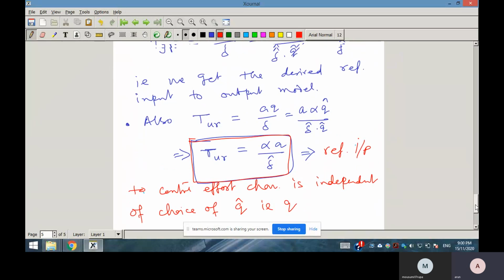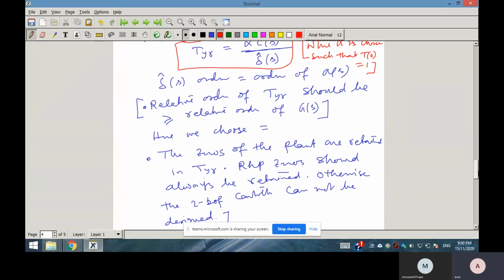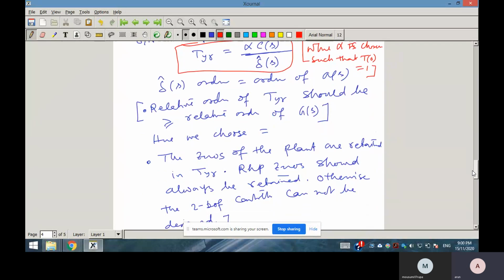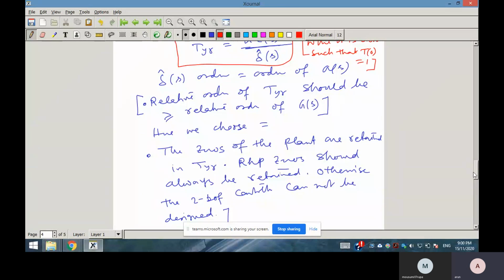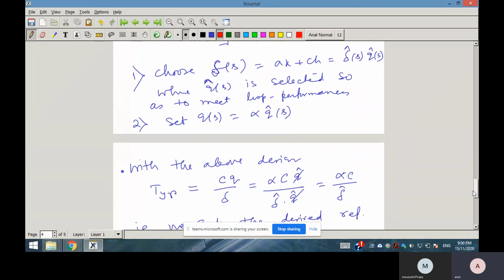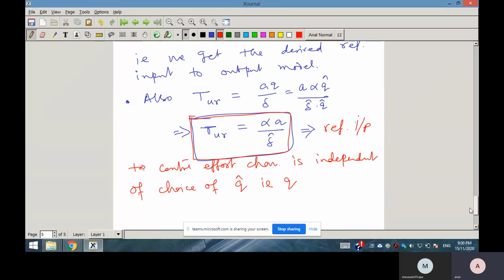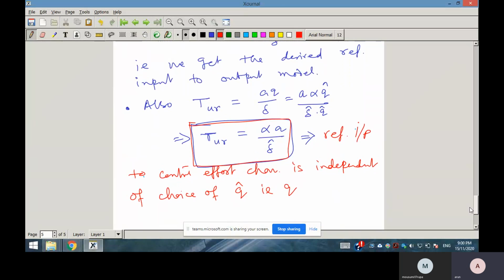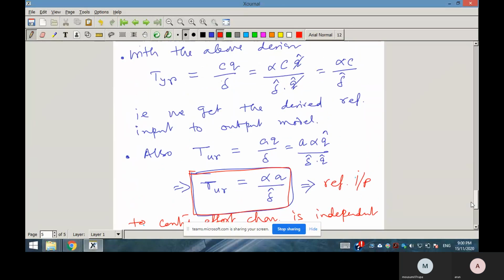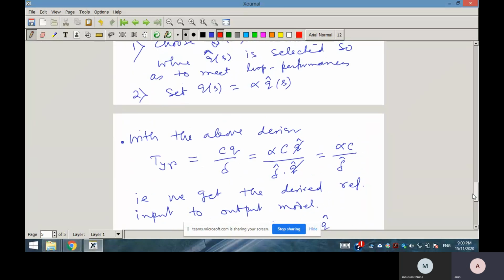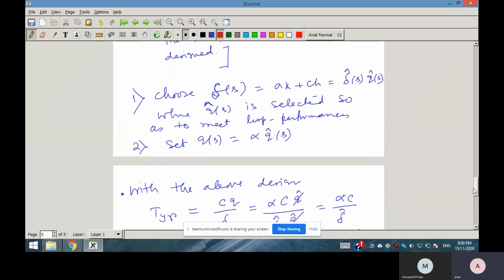So with this design method, the reference input to output characteristics and the reference input to control output characteristics you can keep unchanged while setting the loop performances.